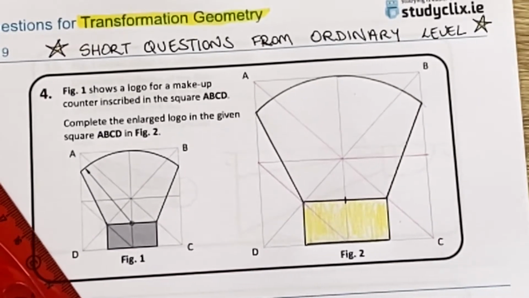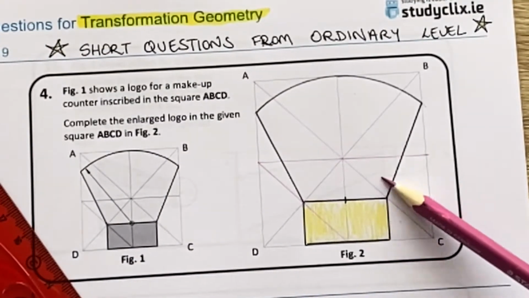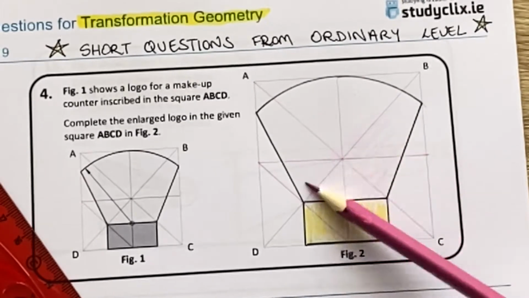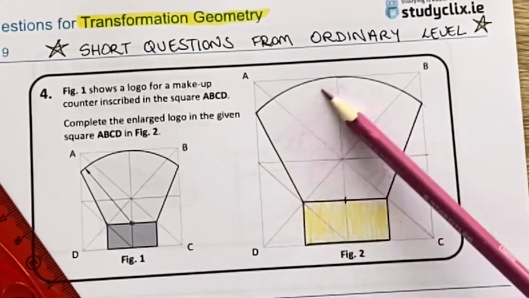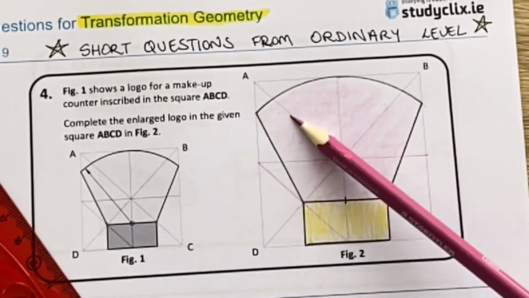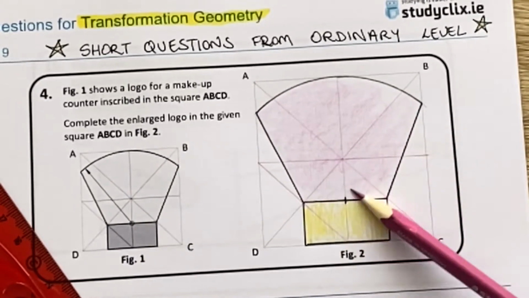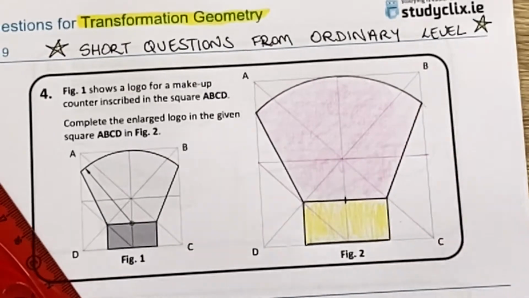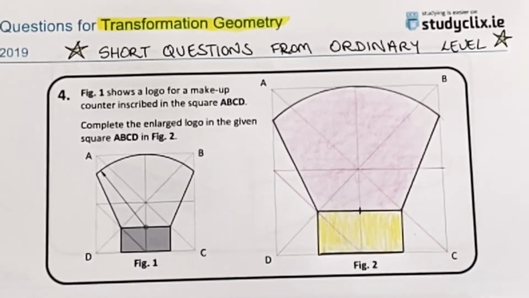We're in the habit of making things look nice and clear. So I'm going to shade it in. There's my logo. Now that took a lot longer to do than I would expect to take inside an exam. So far, so good. Okay.